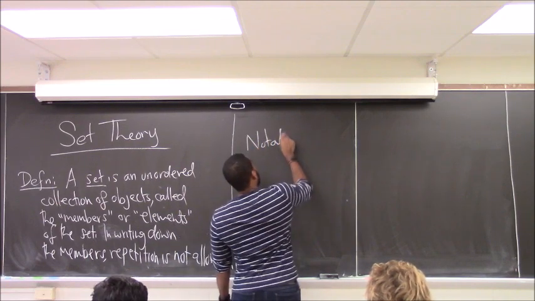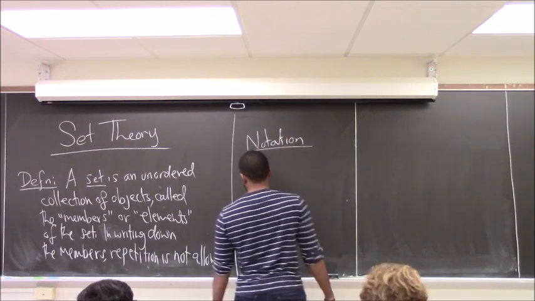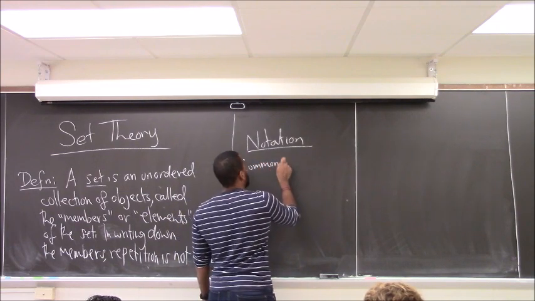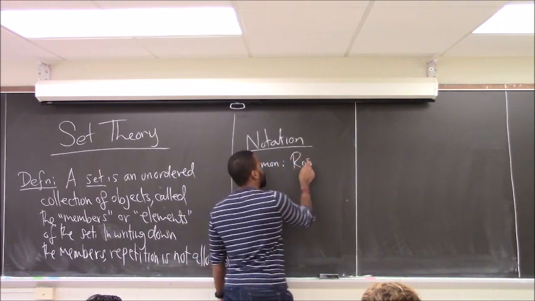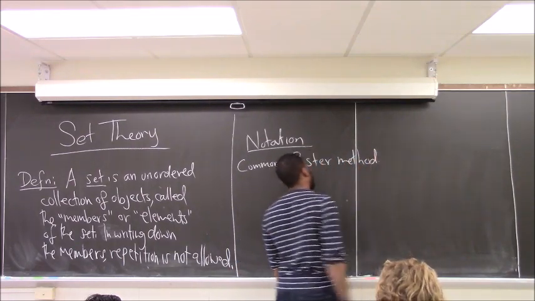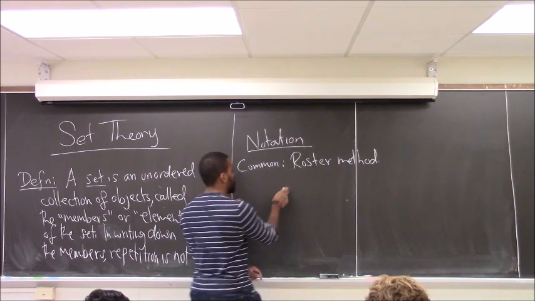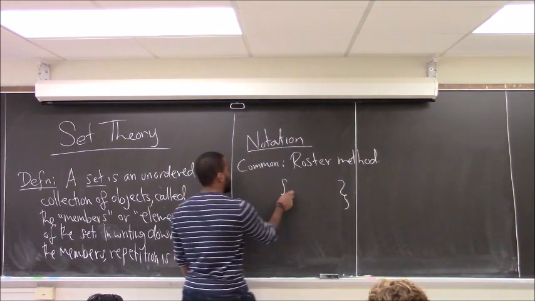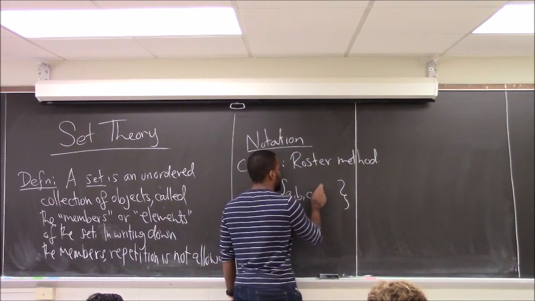Notation. Common notation is called the roster method. This is where you list the members of the set inside of squiggly brackets, like that. So I can have a set {A, B, C, D, E}.